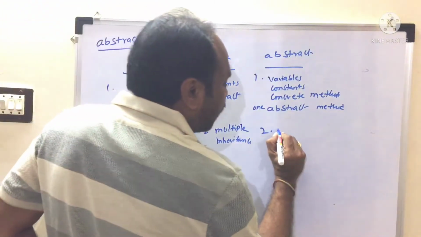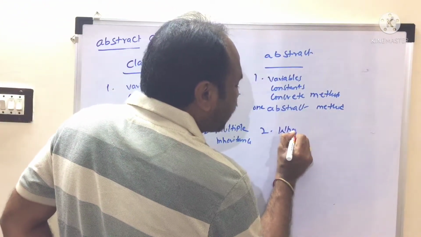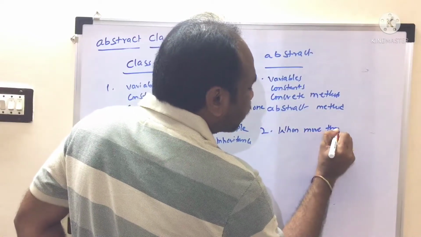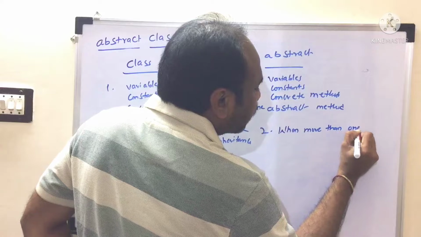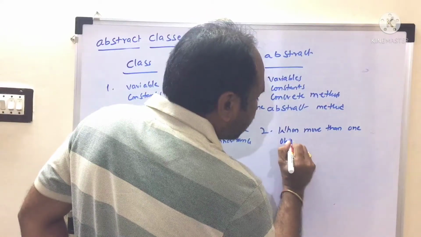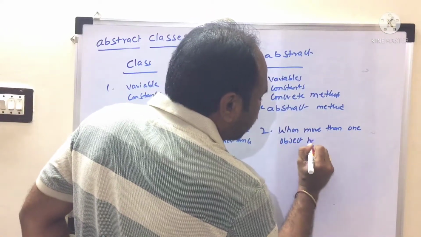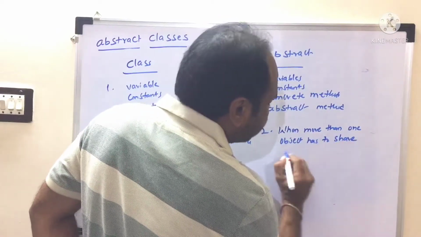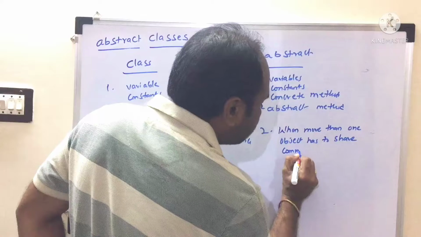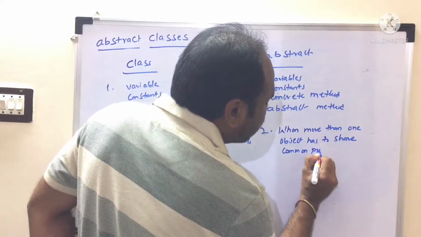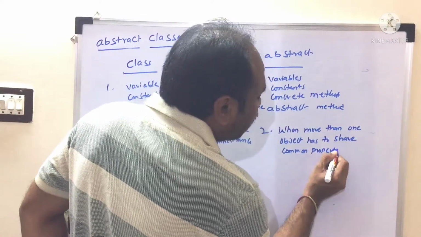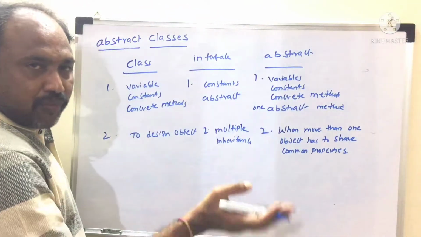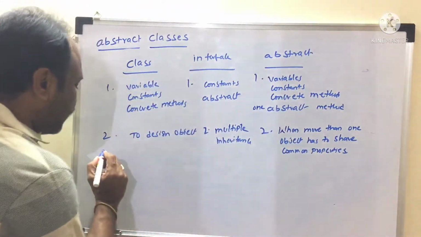An abstract class is used when more than one object has to share common properties. If you want to elaborate it, explain with whatever example we discussed. Third point.